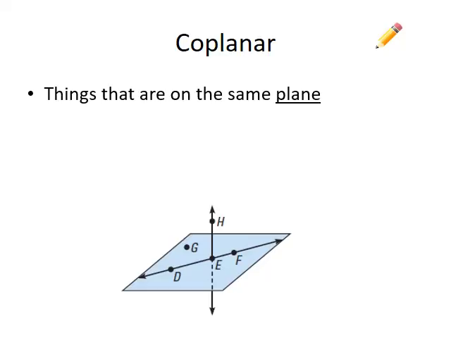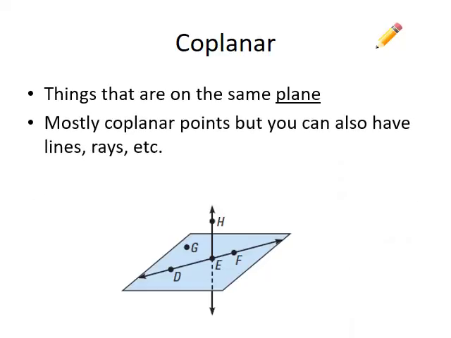Remember co means together, and then planar has the word plane in it, so we can think of those things being together on a plane. Mostly coplanar points are what you'll see in geometry, but you can also have lines, rays, etc., like I said before. If we look at this blue plane, we have points G, D, E, and F that are coplanar.